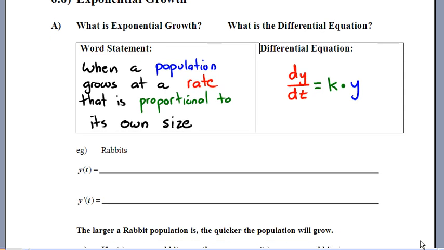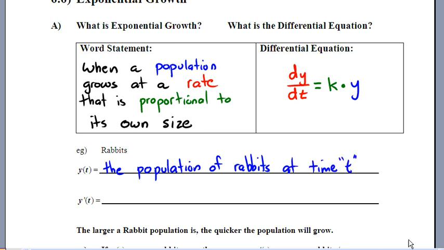A good example of exponential growth might be bacteria, and another good one is rabbits. So let's say that y, which is a function of time, depends on the time of day or the time of year, is actually going to be the population of rabbits at time t. The units for that will be measured in rabbits.